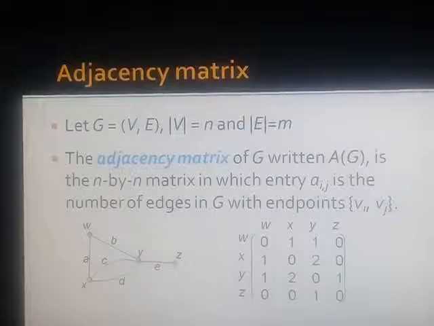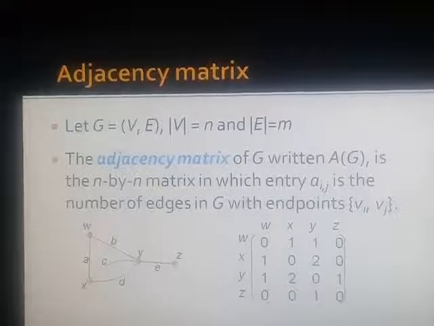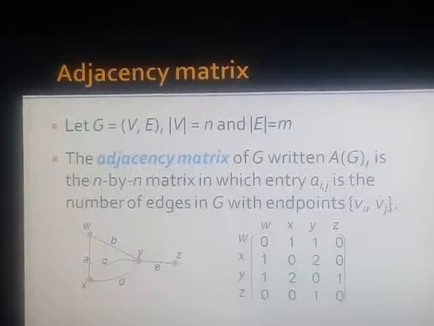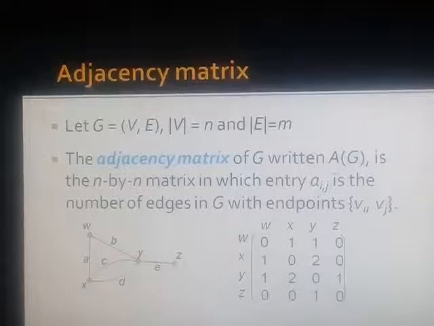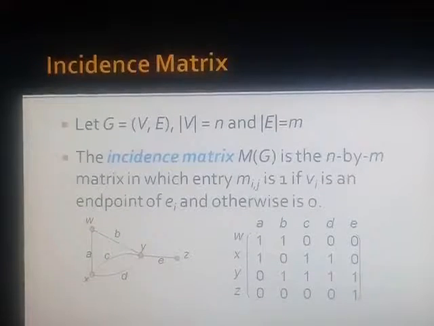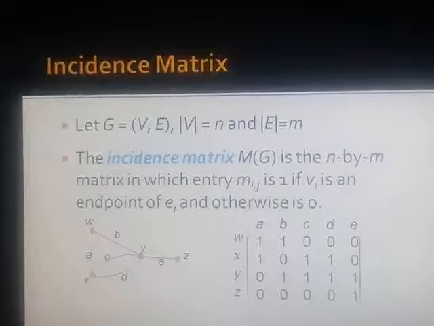Any adjacent vertices joined in this figure we put 1, otherwise 0. So W to X and W to Y we put 1, and W to W, W to Z we put 0.